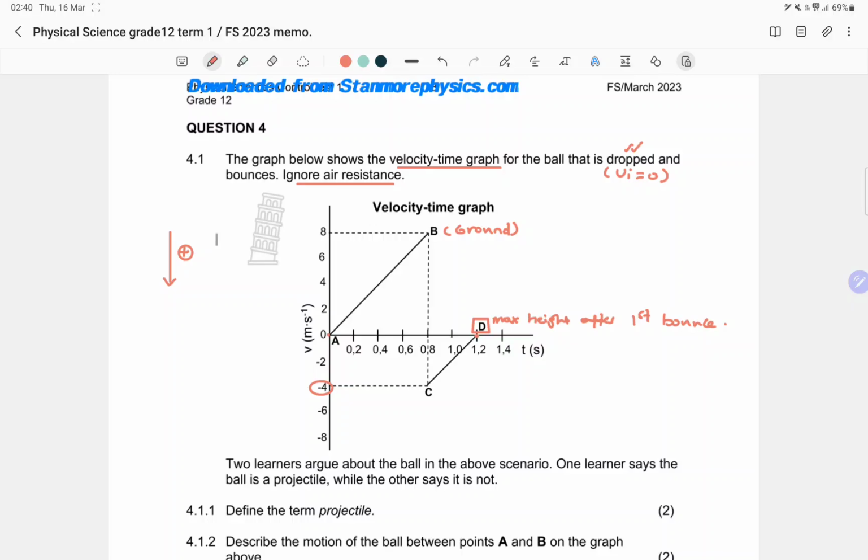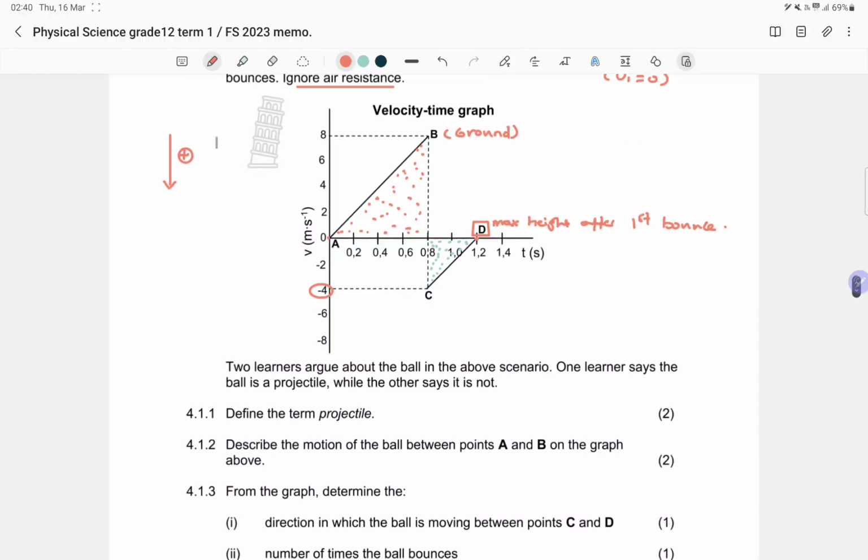Now, of course we know that the area underneath the graph will tell us the displacement, or the position, as well as this one. It will tell us exactly how high that maximum height is from the ground. Okay, easy stuff. So let's move on.